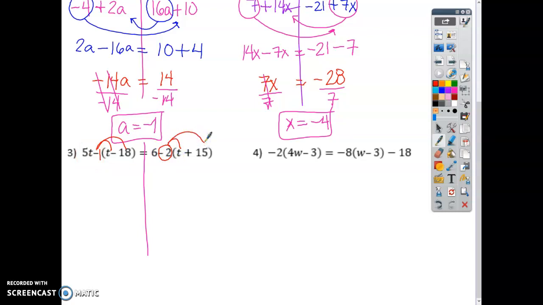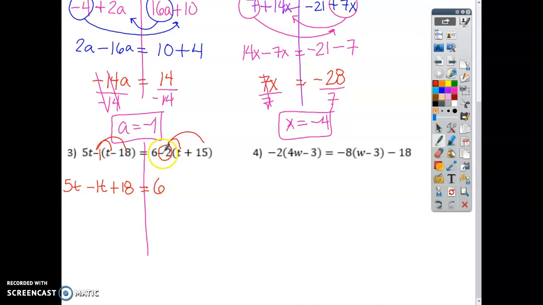That means if I'm not distributing, this just comes down. Esto se baja. Okay, so 5t goes in the front. Then you distribute. Negative 1 times t is negative 1t. Negative 1 times negative 18 is a positive 18. Equals. The 6 comes down.